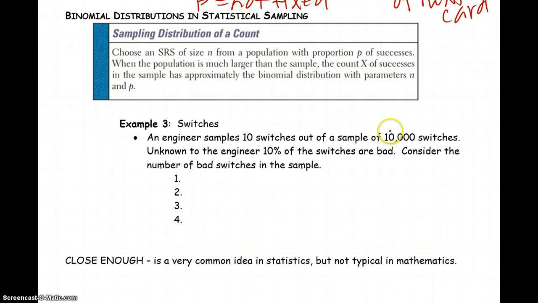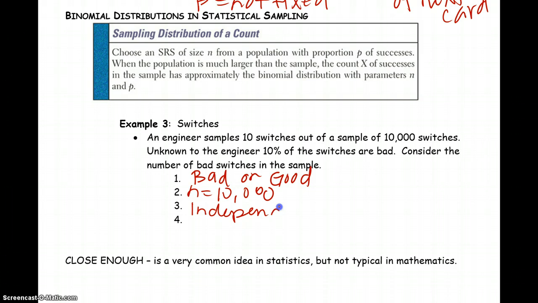So right here, this passes. It's either bad or good. N is 10,000, so we're good right there. Independent. Each switch is independent. It has nothing to do with whether the next one is good or bad. But does the probability of pulling a bad one stay the same?